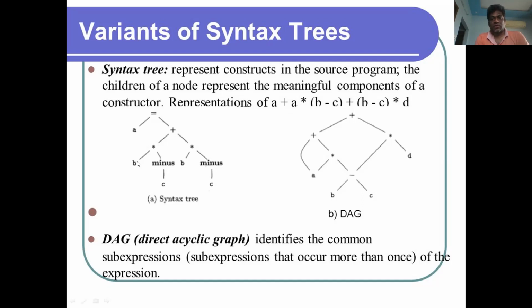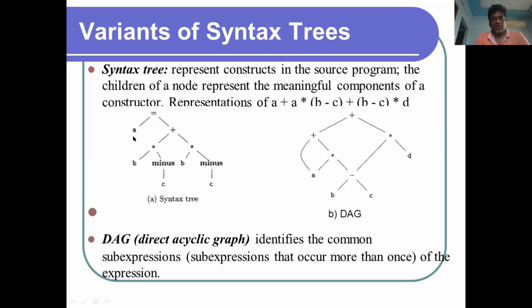So we can see this here: b minus c, b minus c. There are actually two instances of the same sub-expression b minus c in this particular expression. If you look at the syntax tree, it represents both the instances of b minus c as separate entities in the syntax tree.